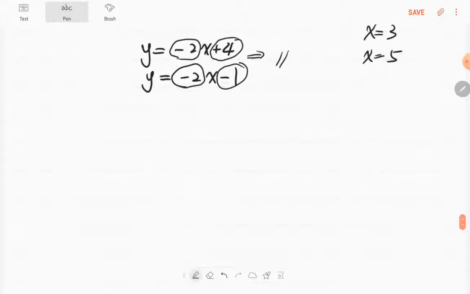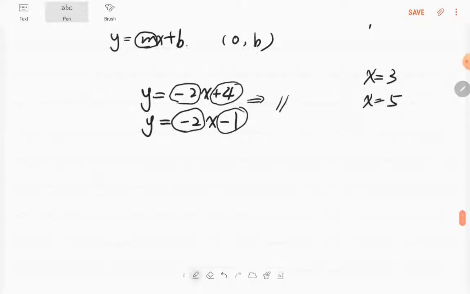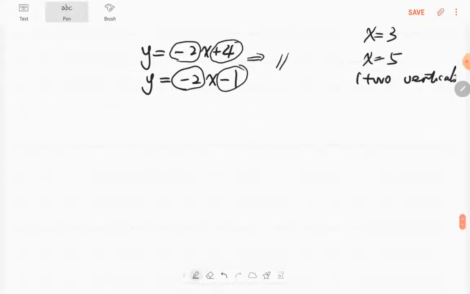Let's check perpendicular. When can we say two lines are perpendicular to each other? Two vertical lines are of course parallel to each other. Talk about perpendicular.